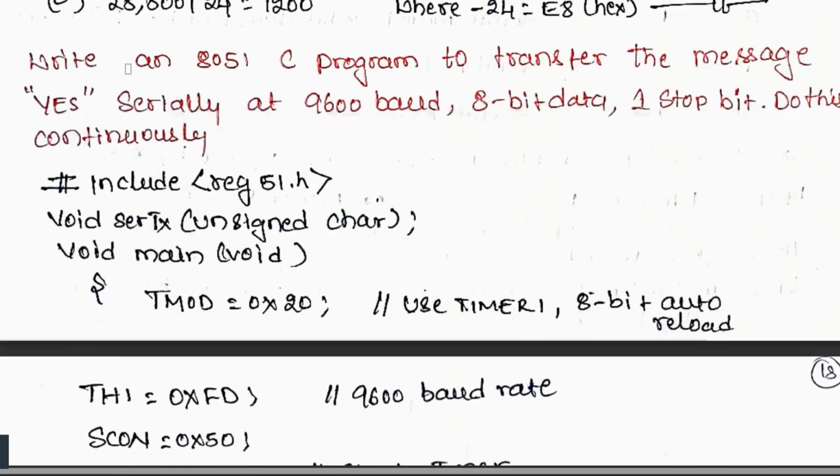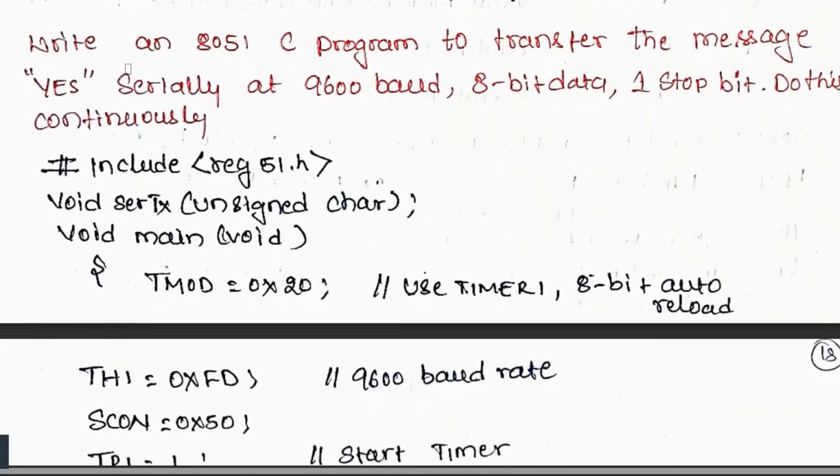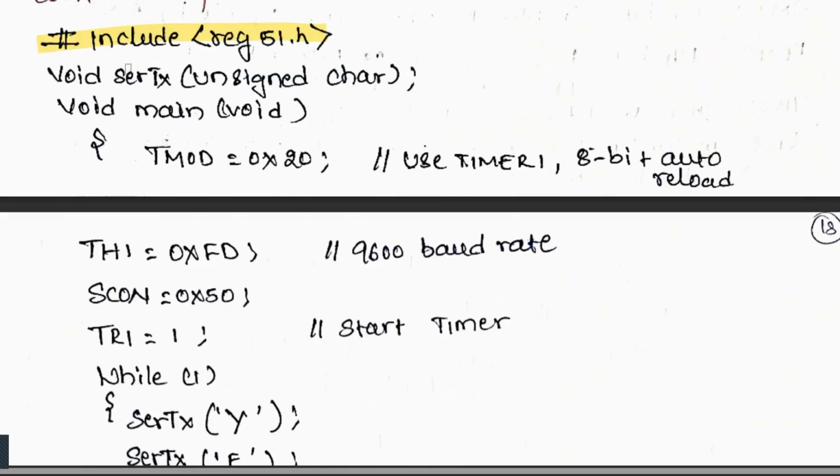And the main important program: you have to write a C program to transfer the message YES serially at 9600 baud, 8-bit data, 1 stop bit, continuously. Firstly, write the header, #include <reg51.h>, void SerTx(unsigned char), then void main(void). Then TMOD is 0x20, that is it uses timer 1, 8-bit auto reload.